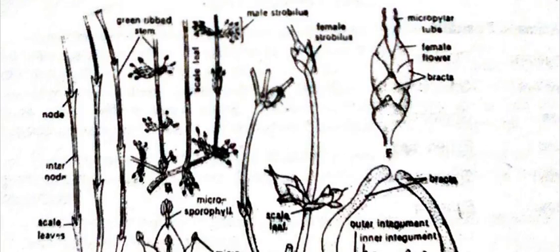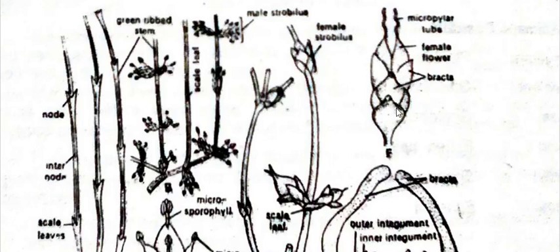So students, today we have discussed the female cone in Ephedra, which is elliptical in shape, meaning oval in shape, and on the terminal part it has a pointed end due to the production of the micropylar tubes in the 2 ovules, which are elongated on pollination.